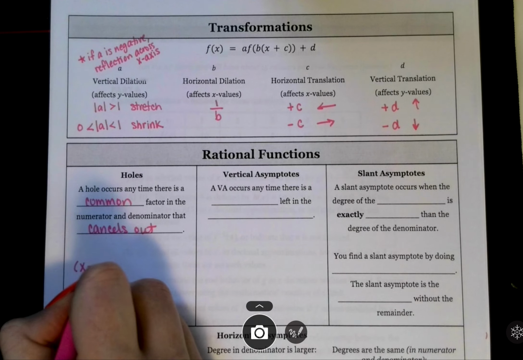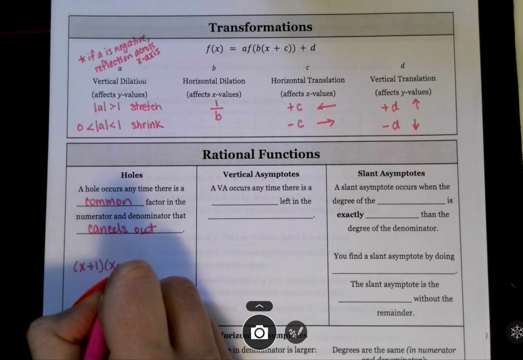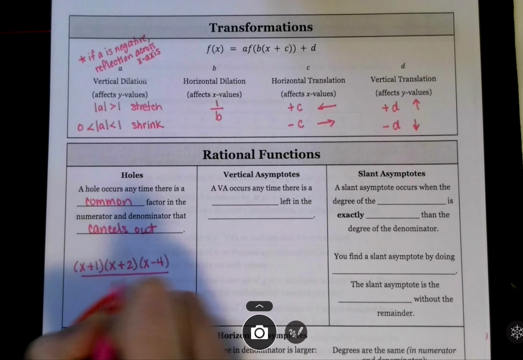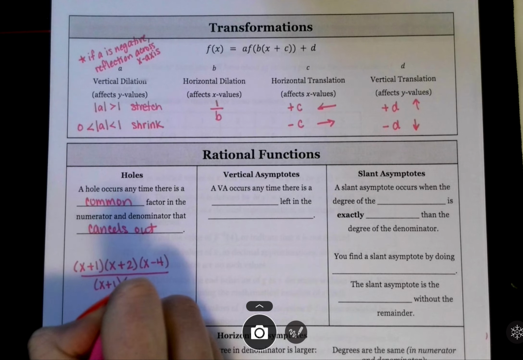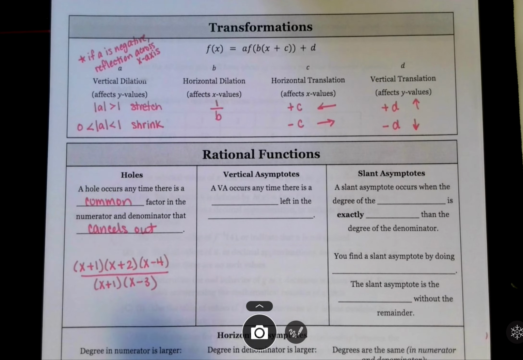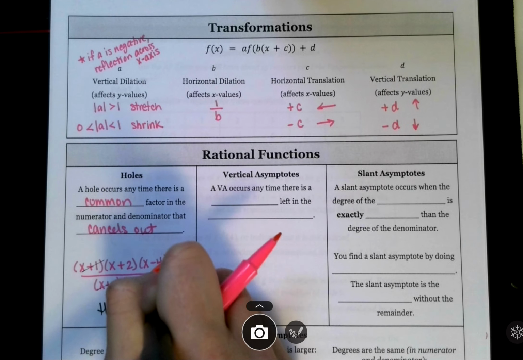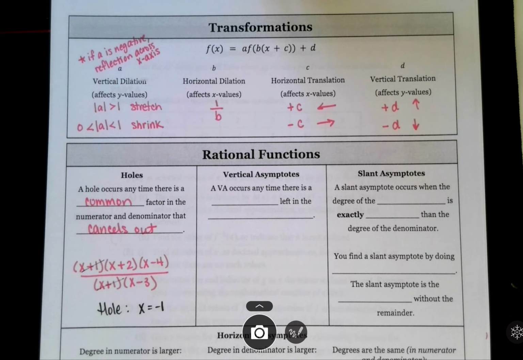So for example, if I had x plus 1, x plus 2, x minus 4, all over x plus 1 and x minus 3, I notice that I have x plus 1, which would cancel out. That means that I have a hole at x equals negative 1. Because I'm setting that factor equal to 0 to get that.